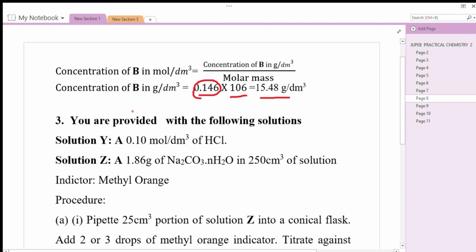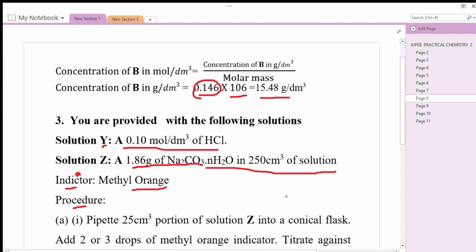Now let's quickly look at the last question, which is the wrap up of this particular titration for JUPEB Chemistry Practical 2024. You are provided with the following solutions. A is 0.1 M HCl and B is this, with methyl orange indicator. It's supposed to be A here.